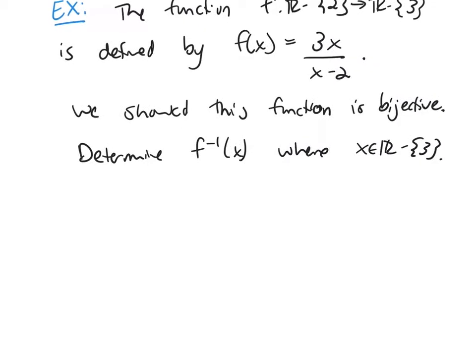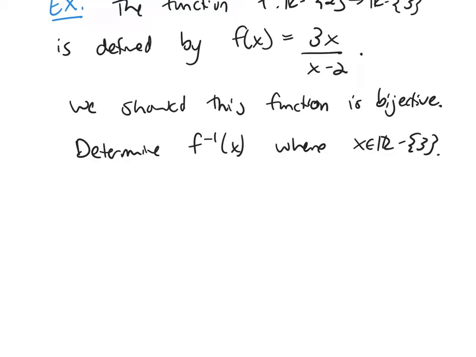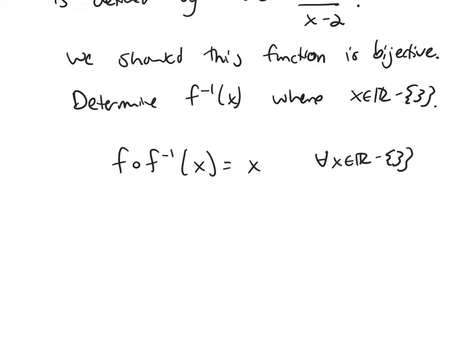So we want to determine the inverse function, so let's first focus in on this composition, f composed f inverse on x. It's the identity function, and so it's going to spit back x. And so this is really telling me that f of f inverse of x is x.